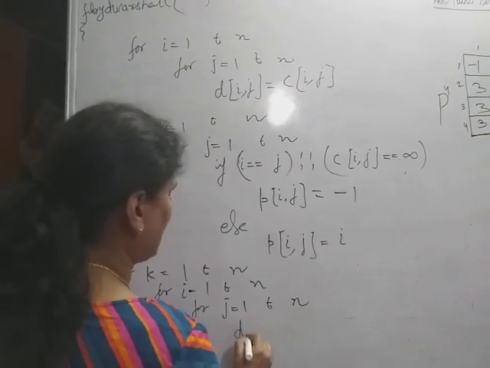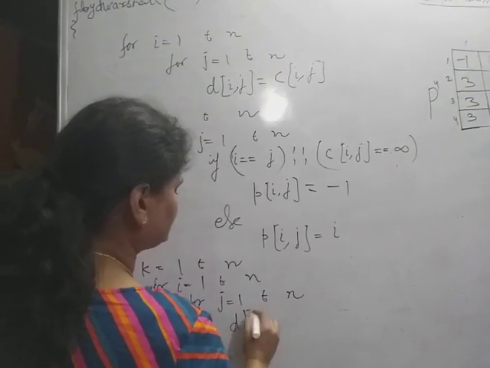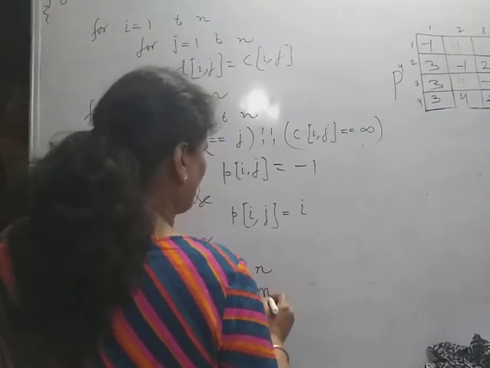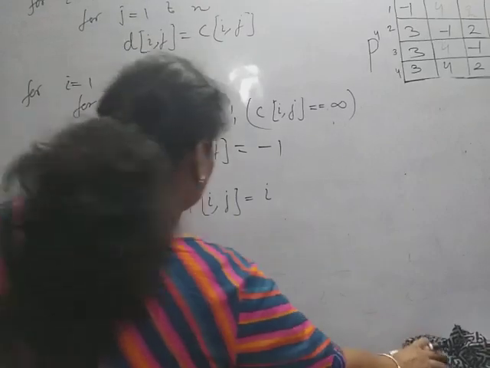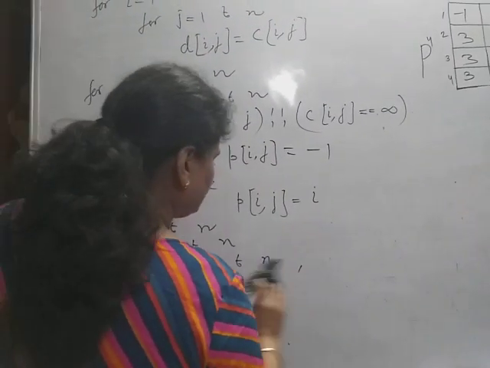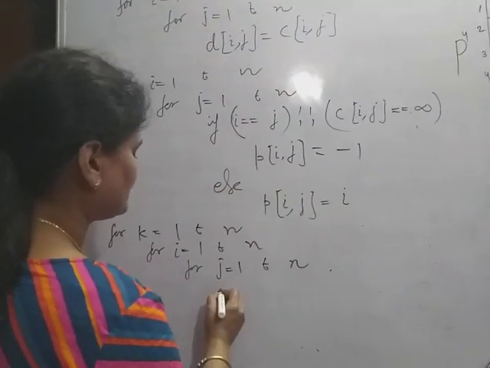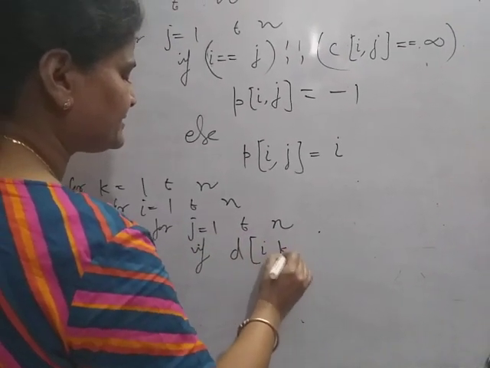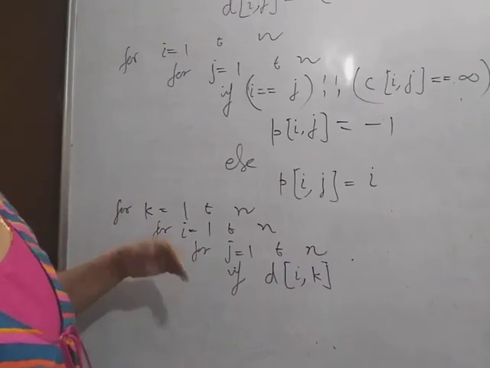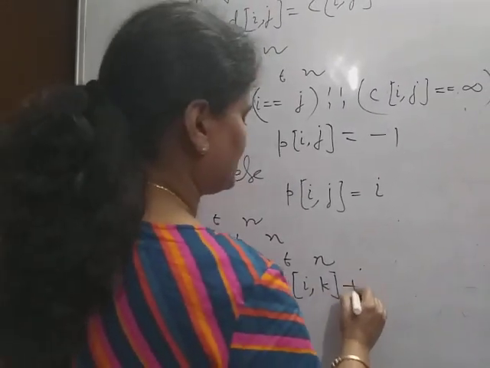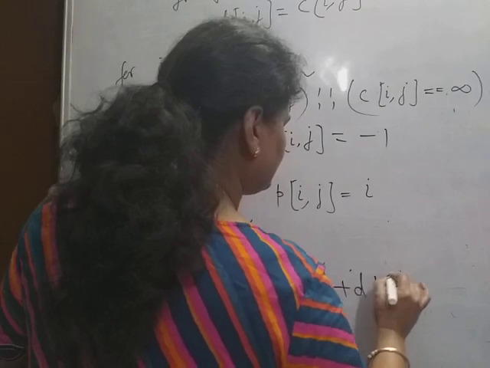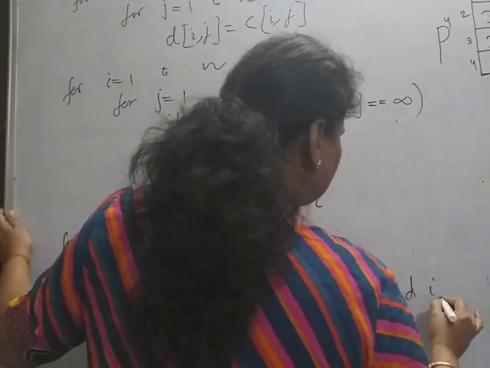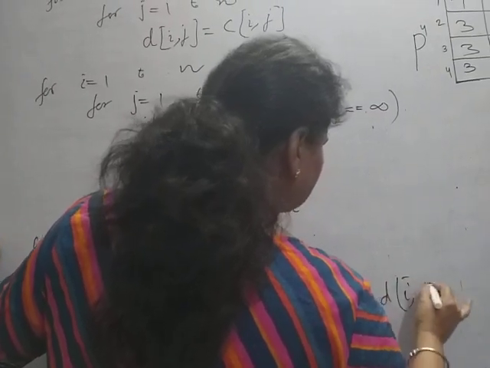Then Dij equal to minimum, just simply you can check it. See, if Dik plus Dkj, the case that k is an intermediate, is less than Dij, that is the previous entry.